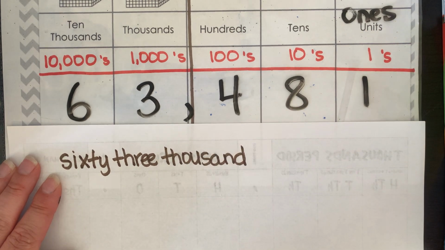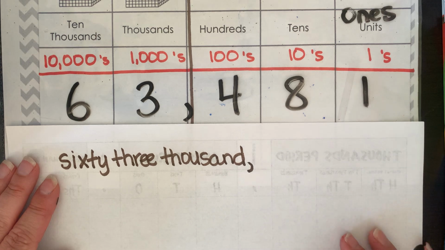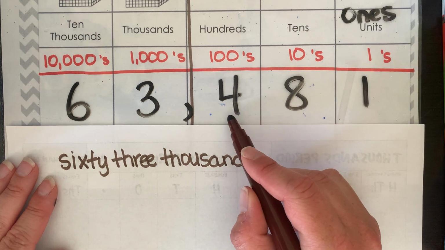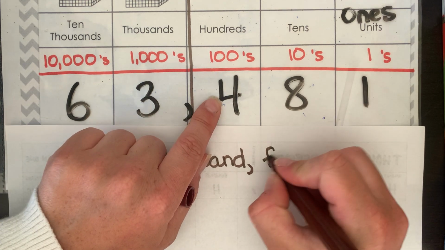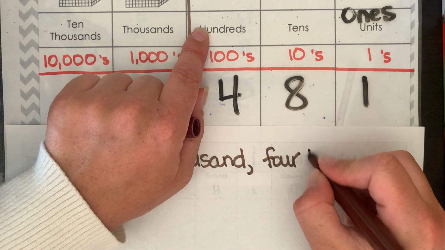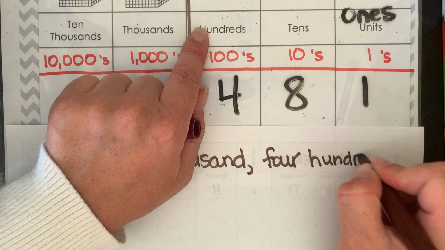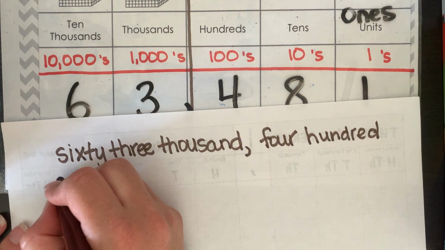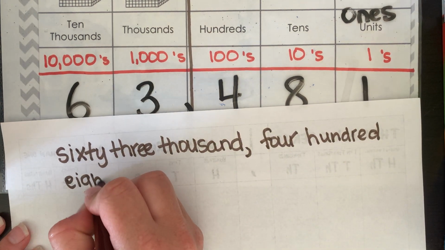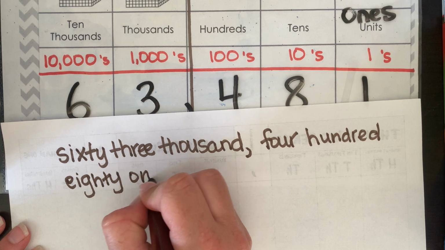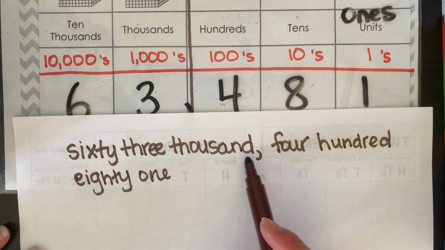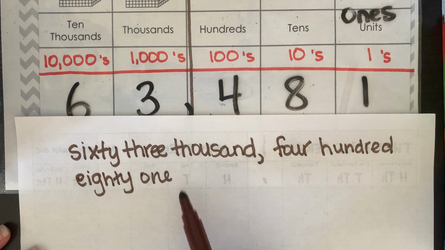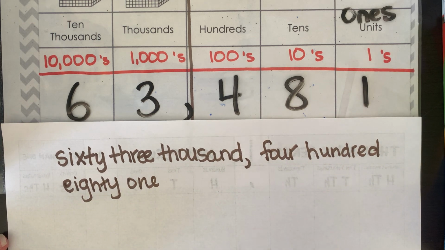And just like my number has a comma, I'm going to add a comma to my words. Next, I have the number 481. So now if I read this, 63,481. That would be the word form.